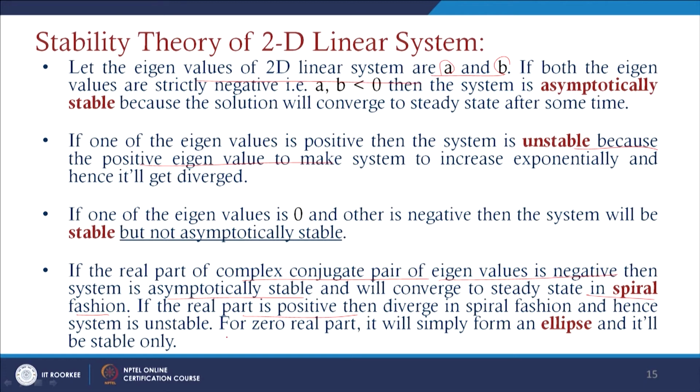If the real part is 0, it will simply form an ellipse, and the system stays in that orbit, so it represents a stable condition.